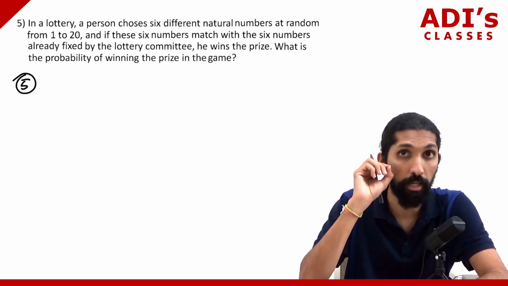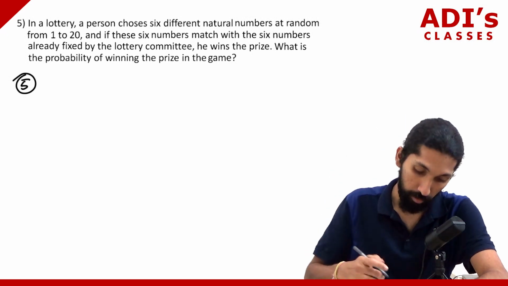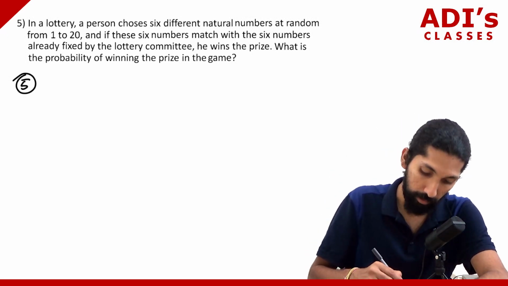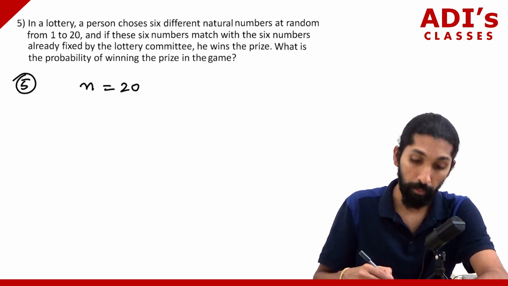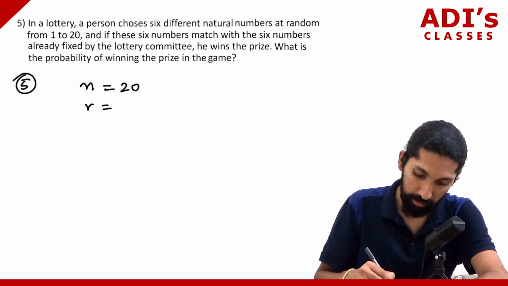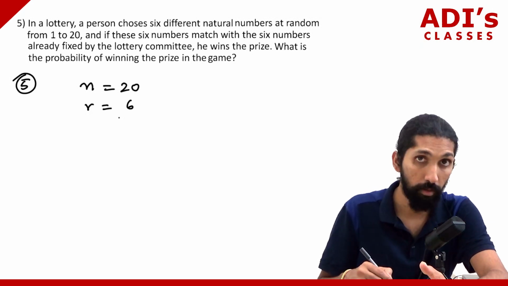Remember, choosing, selection. So totally there are 20 numbers, correct? N is equal to 20, of which we are selecting 6 numbers, isn't it?